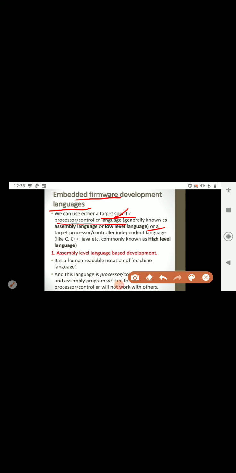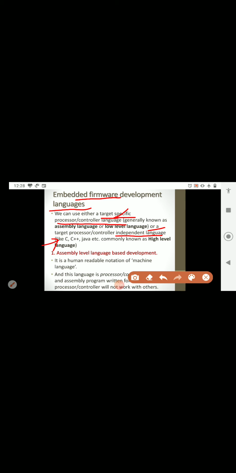Or we can choose a target processor or controller independent language, that is C, C++, Java, etc. These are commonly known as high level languages.